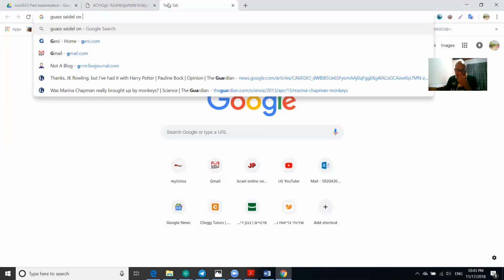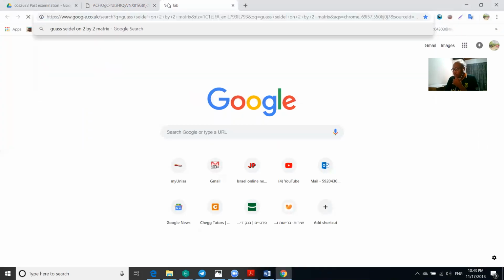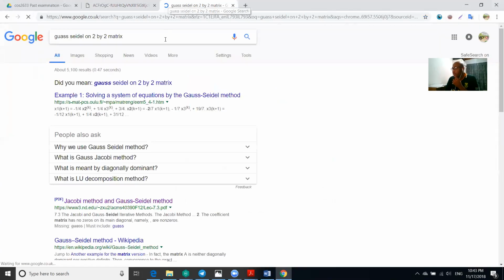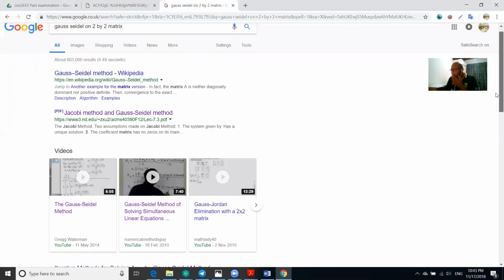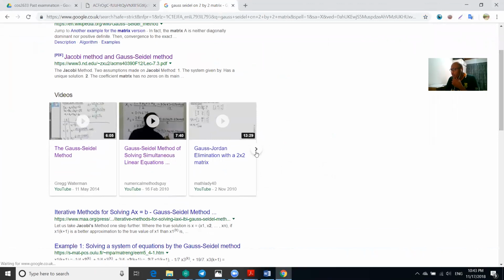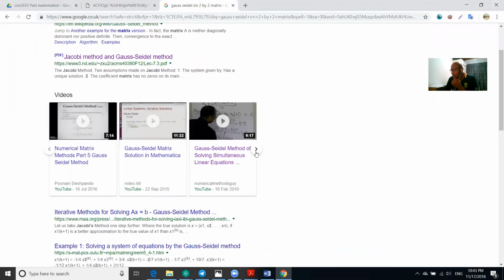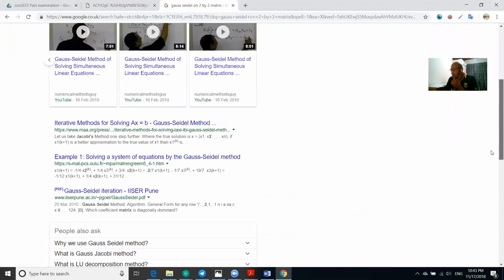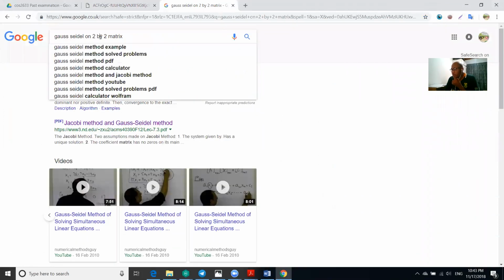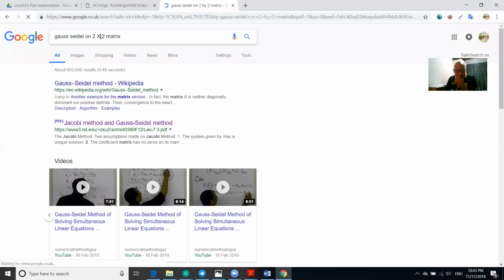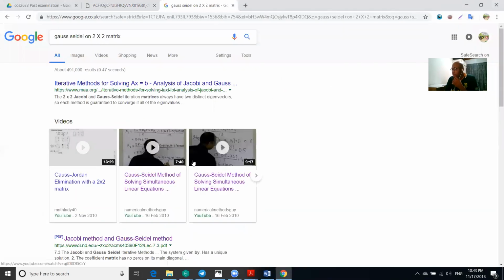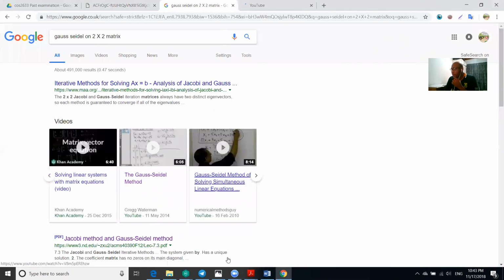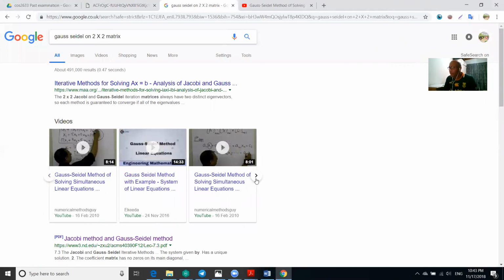Gauss-Seidel on 2 by 2 matrix. It's Gauss-Jordan.